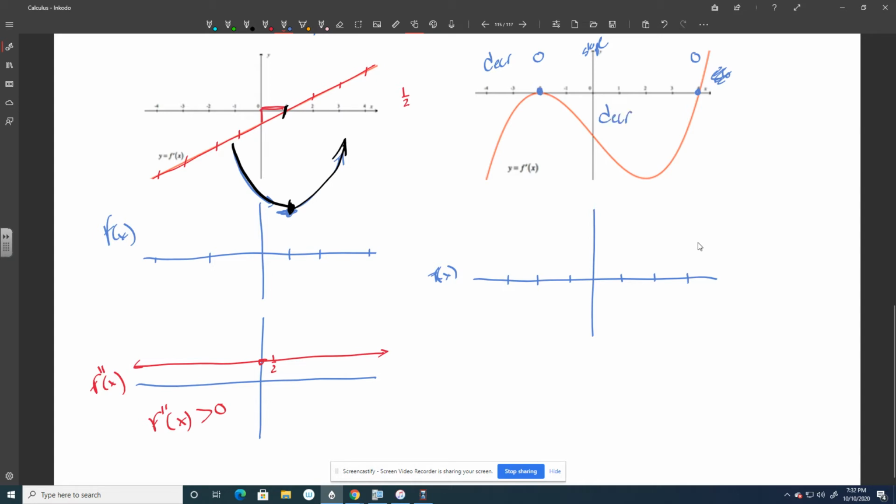So my function is decreasing this entire time, and it doesn't happen until I get to 4 before I finally start increasing. So right here, I start increasing, which means I'm going down, down, down, and then back up at this point. So that is going to be a minimum. I kind of like to put my minimums low, so I'm going to put that minimum down here.